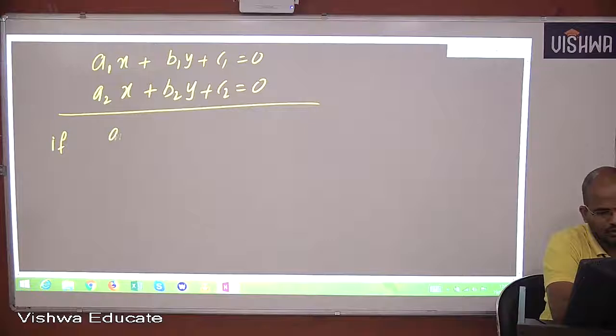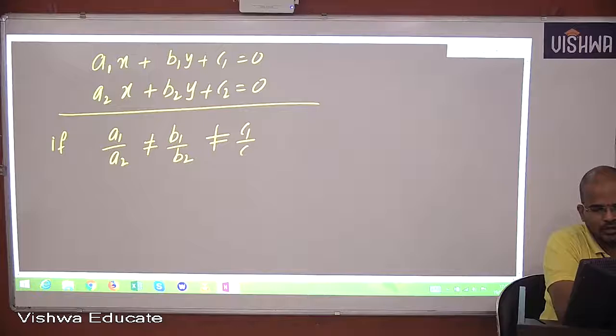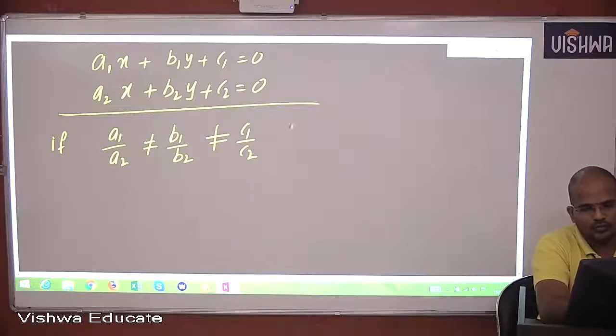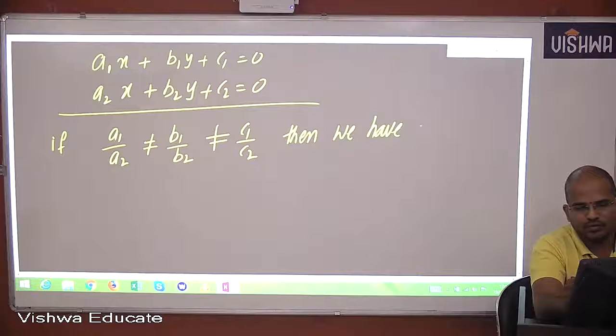If a1 by a2 is not equal to b1 by b2 is not equal to c1 by c2, then we have a unique solution.